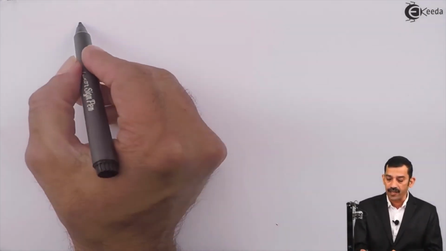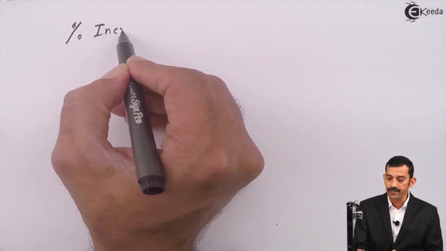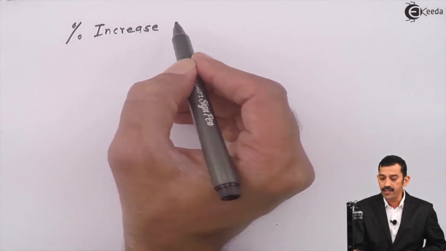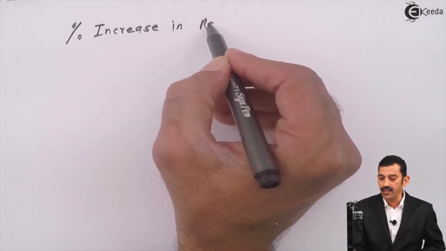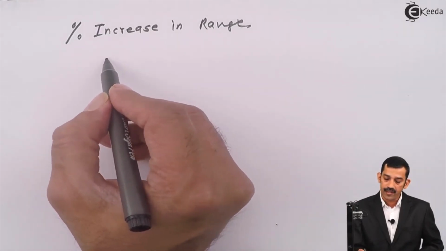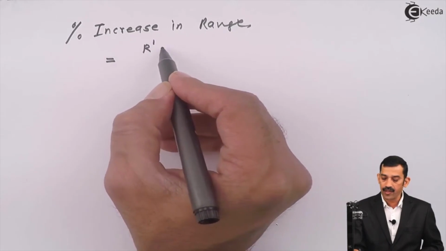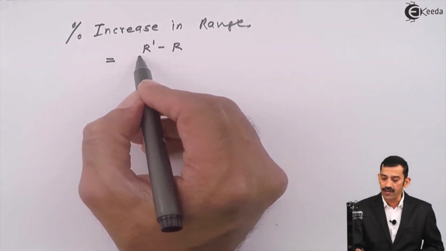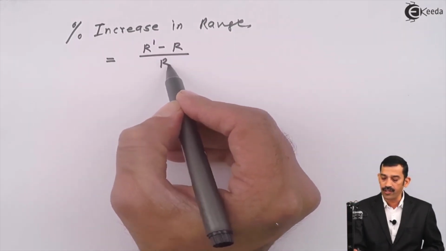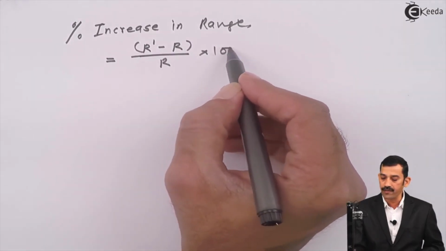So the percentage increase in the range of the projectile is given by the new range R dash minus the original range R, divided by the original, multiplied by 100.